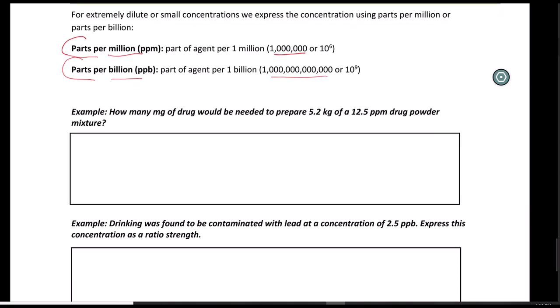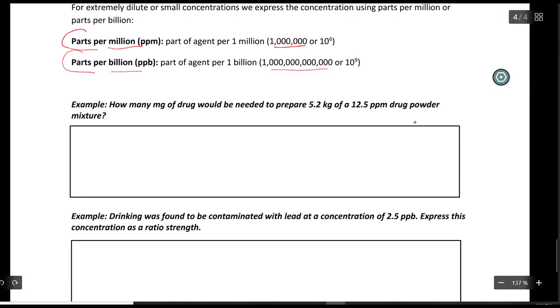Let's take an example. This question says, how many milligrams of drug would be needed to prepare 5.2 kilograms of a 12.5 ppm drug powder mixture? So we have a drug powder mixture, right? It's 5.2 kgs, and the concentration of drug in here is 12.5 ppm.